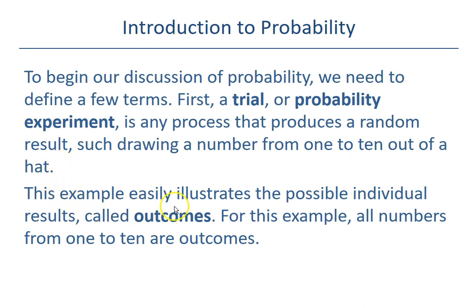This example easily illustrates the possible individual results called outcomes. For this example, all numbers from 1 to 10 are outcomes. So keywords here is a trial, that is the event that you're going to do. And then the outcomes would be what could possibly happen.